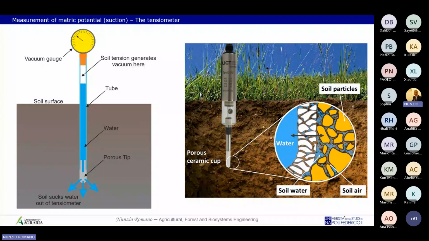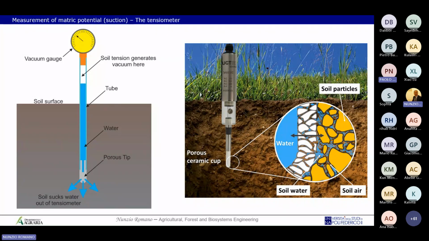In the small pores of the cup, it is the same. There are menisci, and these menisci allow the water to be connected from the tube to the soil, but the air cannot enter into the system.